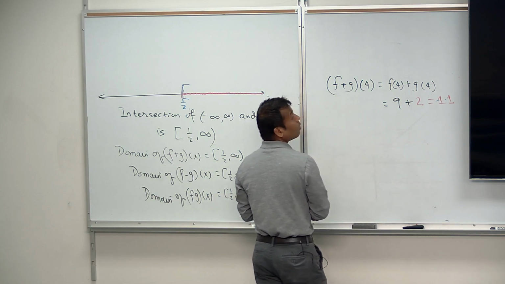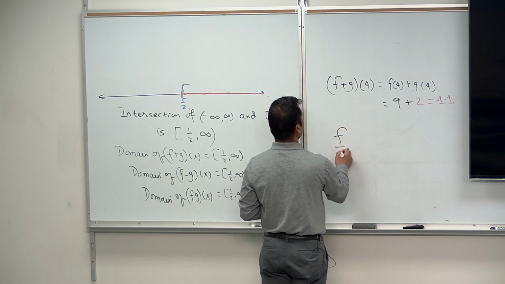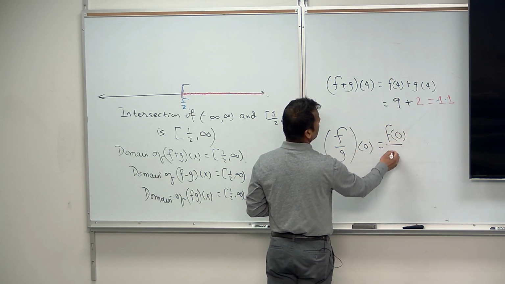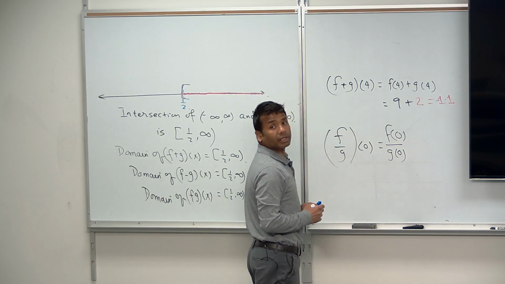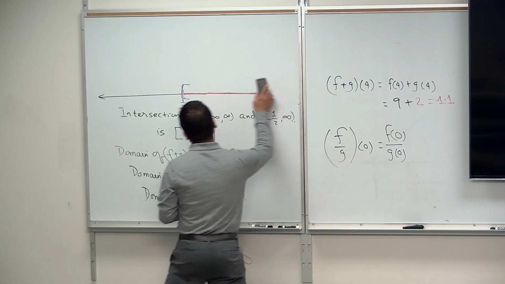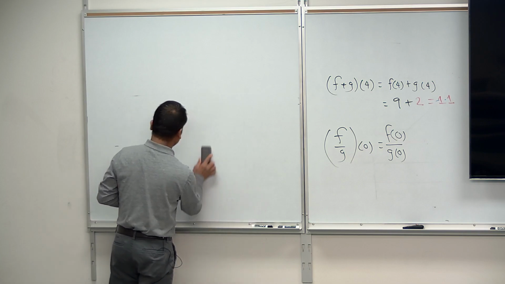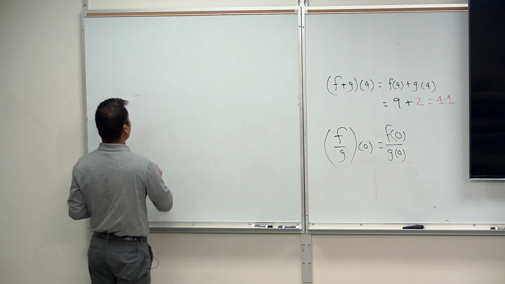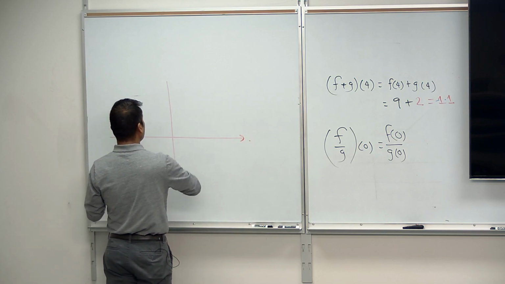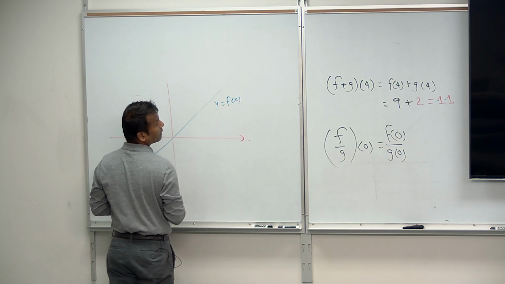So now the next one is, let's say if you want to find f over g of 0, by definition, this is the same as f of 0 over g of 0. Right? And now if you look at the graph, so you have a graph like this, okay? So this is your y equals f of x.